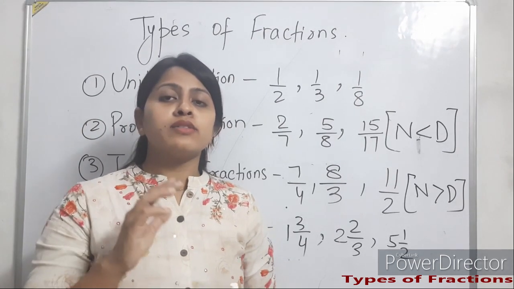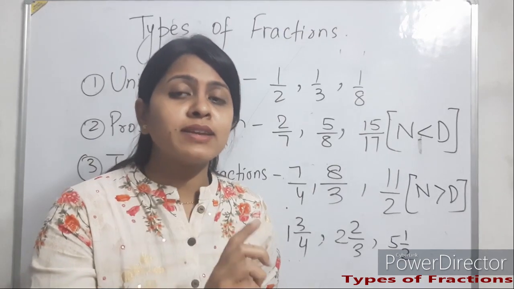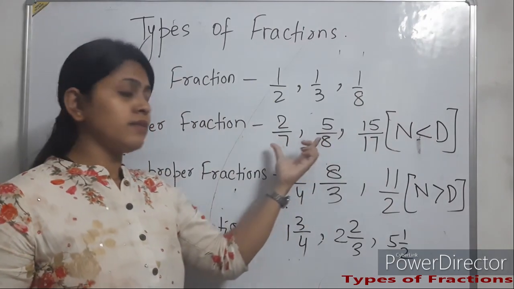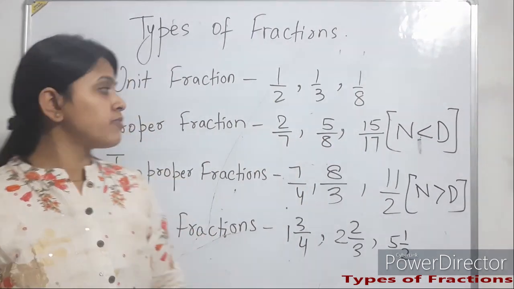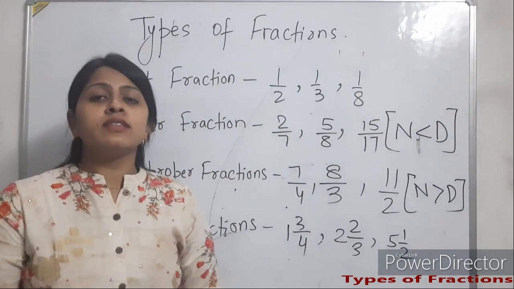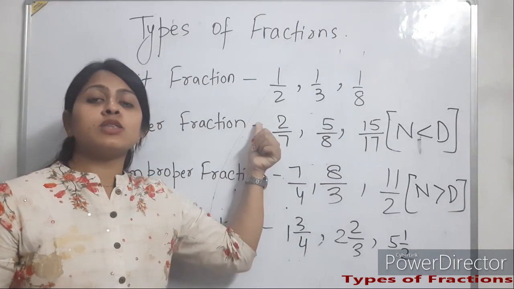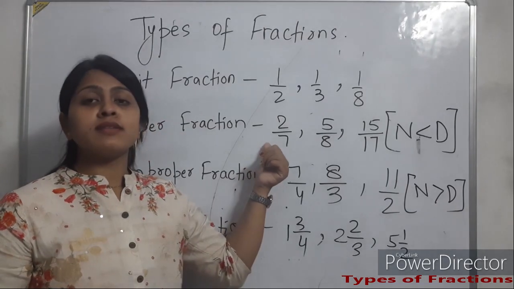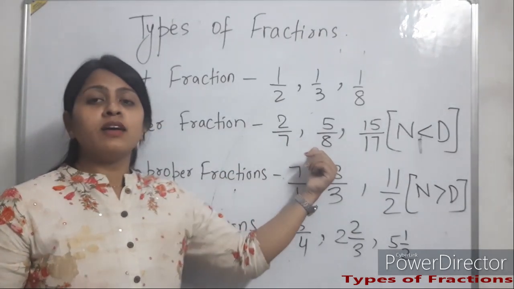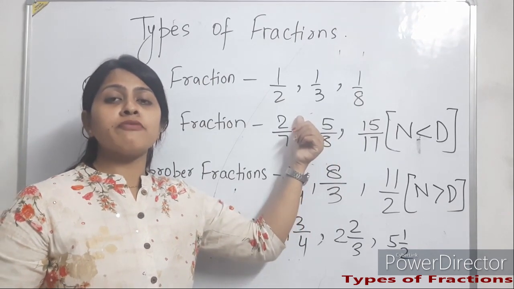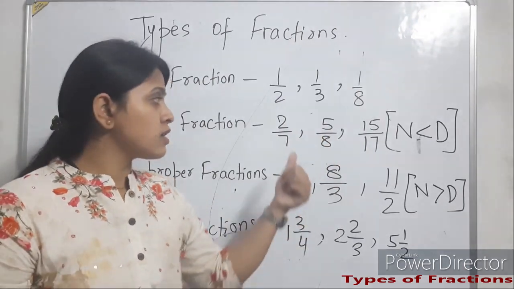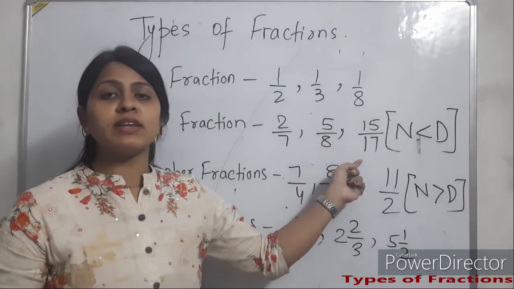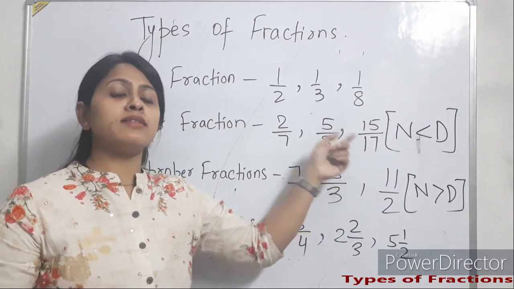If the numerator is less than the denominator, the fraction will be a proper fraction, like 2 by 7. In the example 2 by 7, digit 2 is less than digit 7, so this is a proper fraction. In 5 by 8, digit 5 is less than digit 8, so this is also a proper fraction. Likewise, 15 by 17, 15 is less than 17.